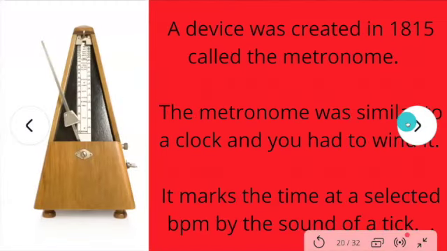A device was created in 1815 called the metronome. The metronome was similar to a clock where you had to wind it up. See that little gear right there? It marks the time at a selected BPM by the sound of the stick. This had a little weight on it, so it could be pulled up and down, and depending on where it was on the stick, it would click those beats.